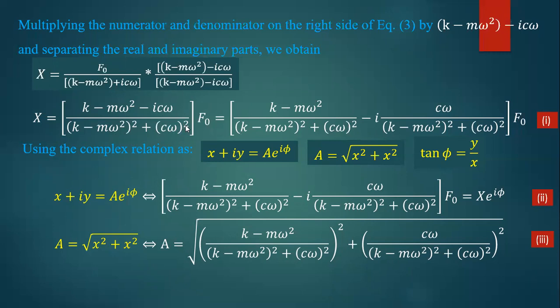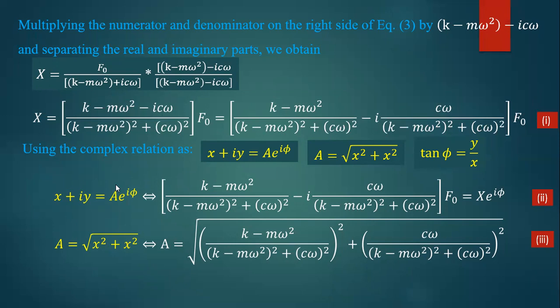Again, we have to separate the real part and the imaginary part. So this icw part is considered the imaginary axis in the complex number system. So k minus m omega square means k and m omega square taken separately, minus i times cw over k minus m omega square the whole square plus cw the whole square, times f naught.